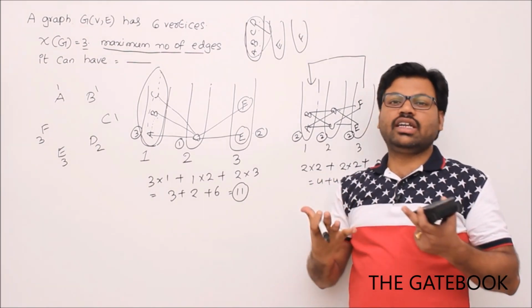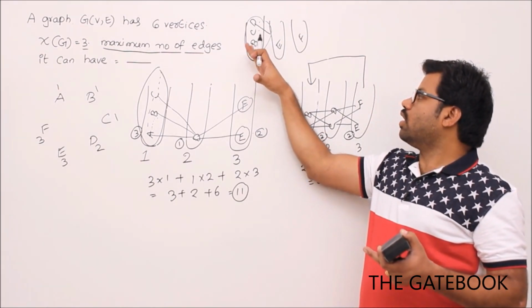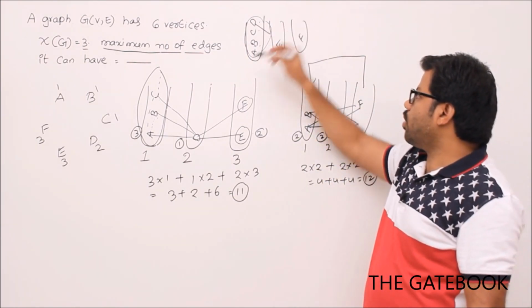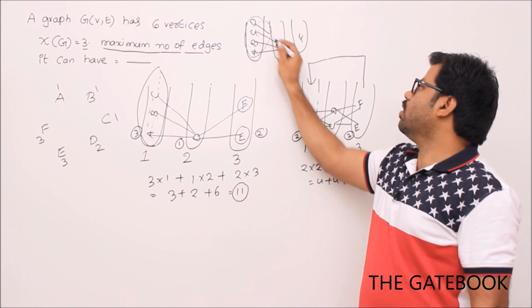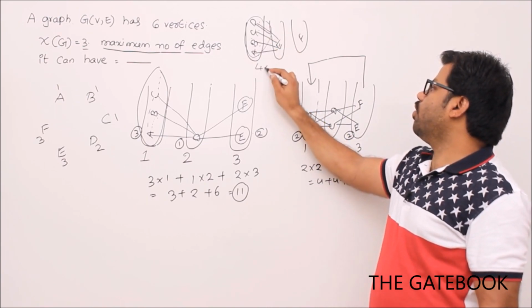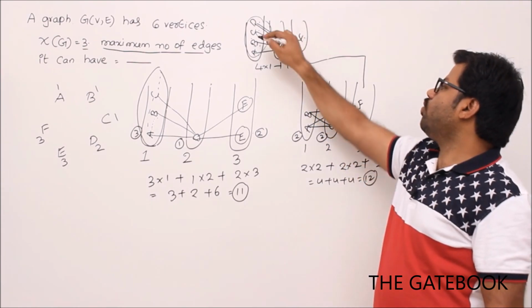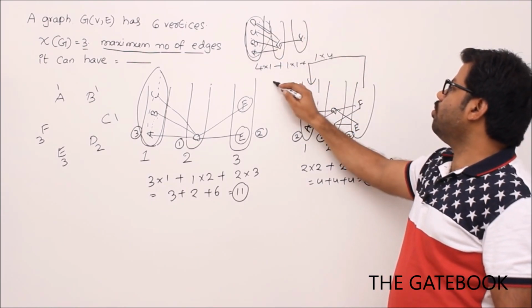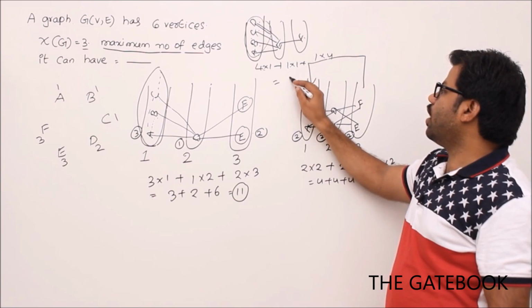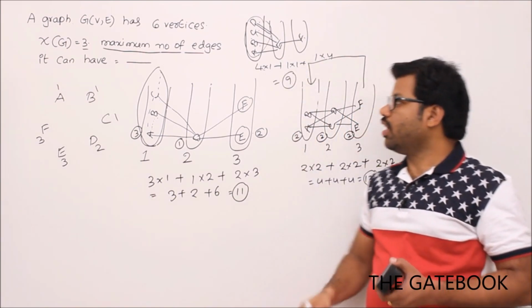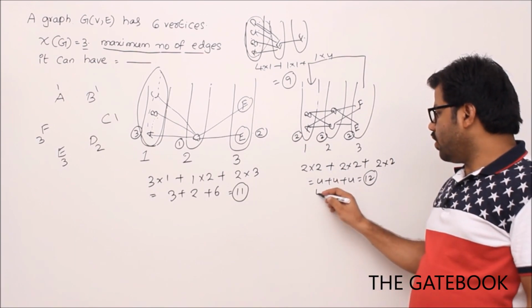Then you are restricting the graph from having a very large number of edges. That's a problem; you can check it easily. So 4 into 1, only 4 edges. 1 into 1, only 1 edge. Plus 1 into 4, 4 edges. It will become 4 plus 4, 8, plus 1, 9. So it is reduced to a minimum, right? That's why the maximum number of edges it can have is 12.